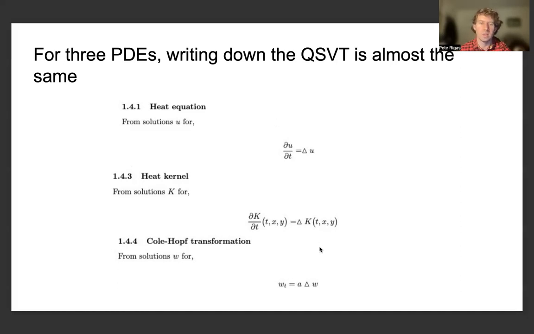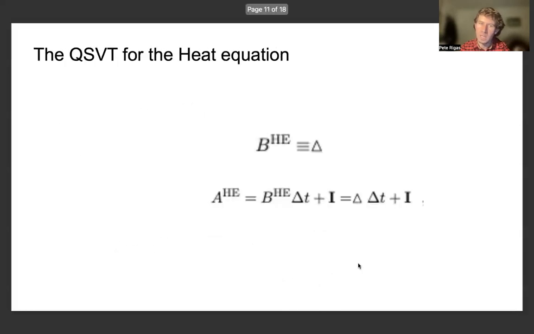So we have the heat equation, the heat kernel equation, and the Cole-Hopf transformation, which are all given by the Laplacian of the solution of whatever the partial differential equation is. And we can look at the quantum singular value transformation for the heat equation, which is given by the Laplacian term for the B operator, from which we can obtain an A operator by taking whatever the B operator is, which is in this case the Laplacian, and multiplying it by the increment of time and adding the identity operator to it.